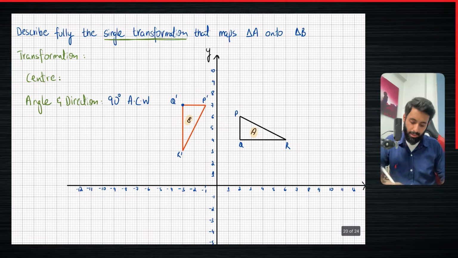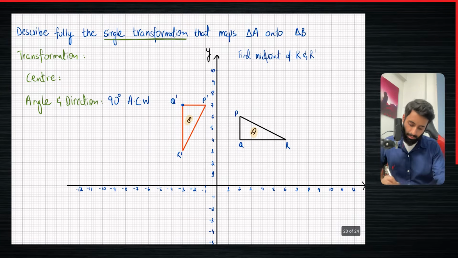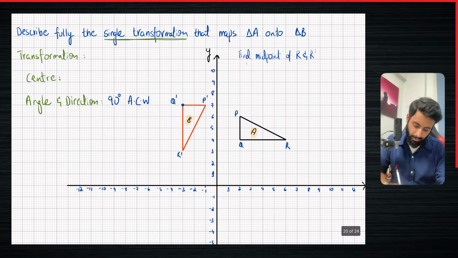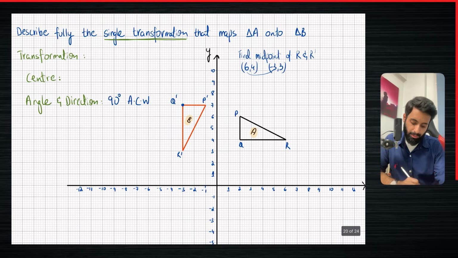Now the first thing you want to do is find out the midpoint of R and R prime. Okay, so R has coordinates 6, 4. Okay, R prime has coordinates -3, 3. Okay, so let's find out their midpoint. So finding the midpoint means just adding them up and dividing them by 2.